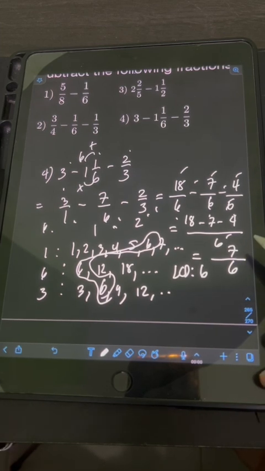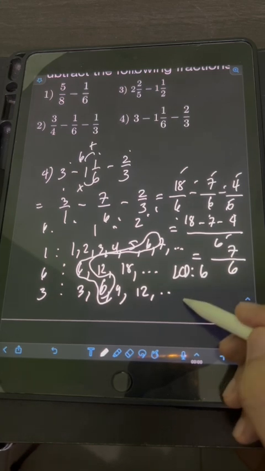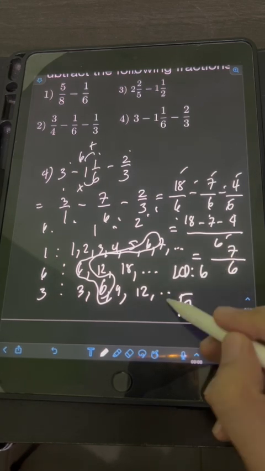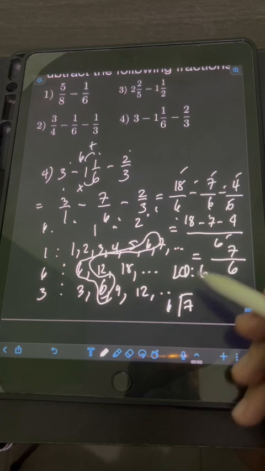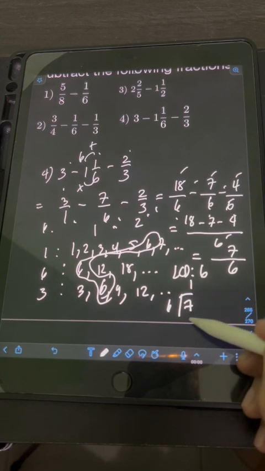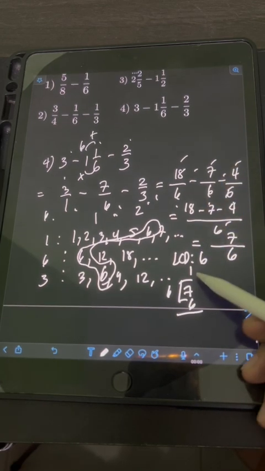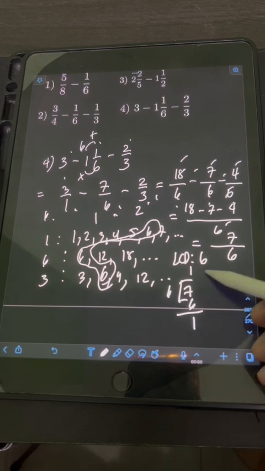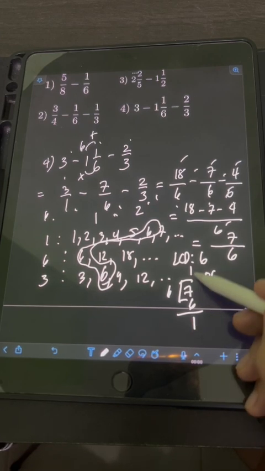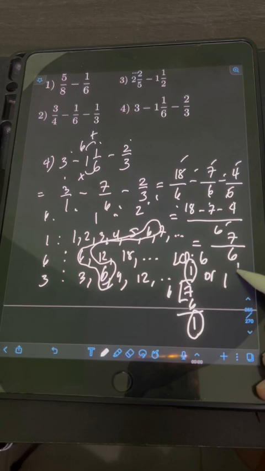You can transform it into a mixed number by dividing the numerator 7 by the denominator 6. 7 divided by 6, it's 1. 1 times 6, 6. Subtract 7 minus 6, it's 1. So therefore, 7 over 6 is the same as 1 and 1 over 6.